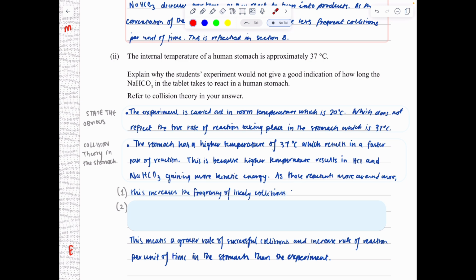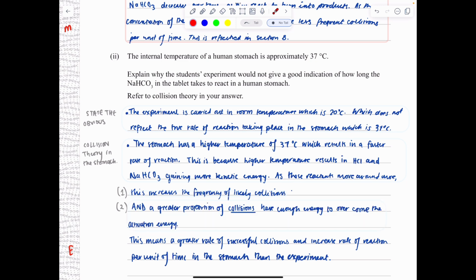Secondly, another way an increase in temperature allows for a faster rate of reaction is by accounting for a greater proportion of collisions having enough energy to overcome the activation energy.